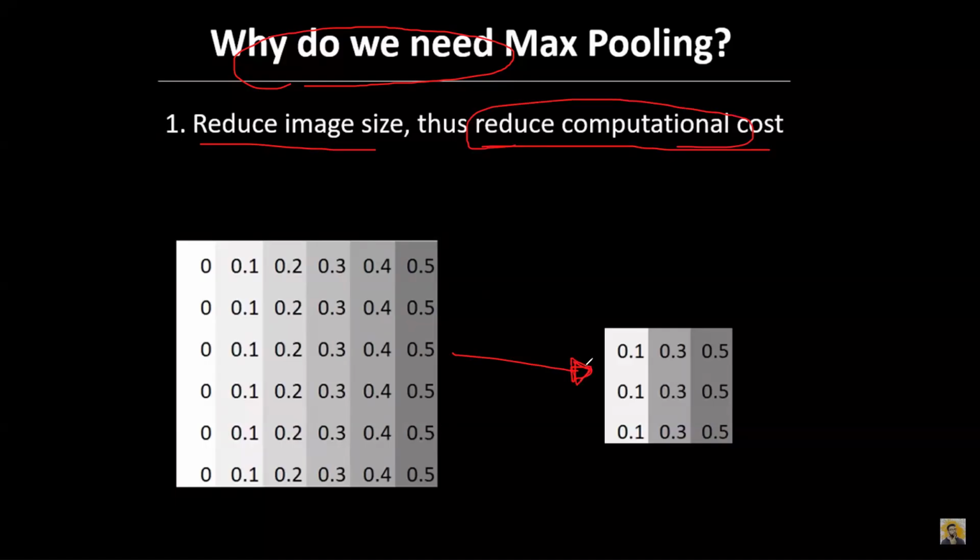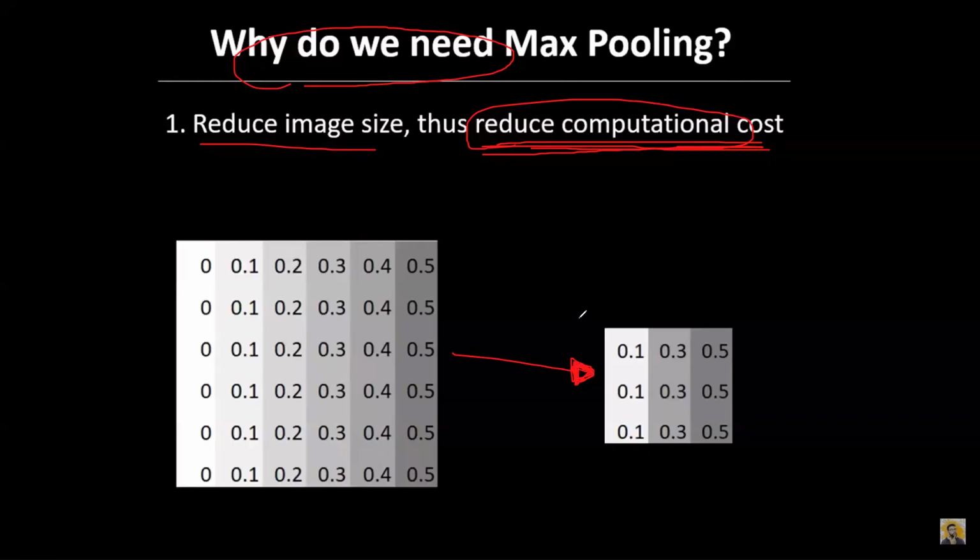And we do want to make our operations fast, because let's say we are making a mobile app in which we want to take the picture of any object and recognize the object in an image, and for that we don't want to wait too long while our convolutional neural network is performing the computation to identify the object in an image. So reducing the size of the image reduces the computational cost and thus gives faster output. And even though it reduces the size of the image, it still preserves the features of that image.